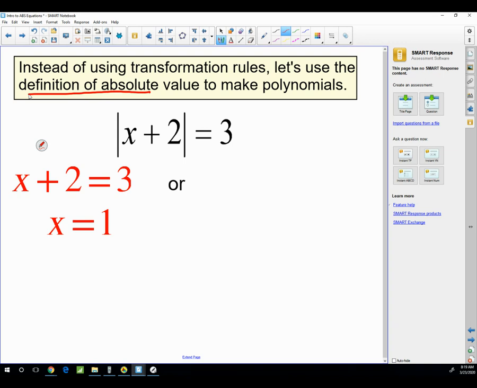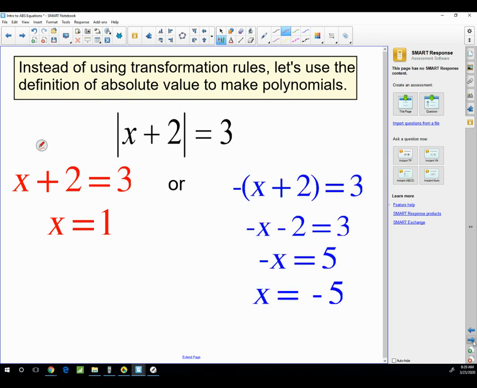It doesn't matter if it's positive or negative here, you get a solution. And the other equation would be where you take this value and you make it negative.